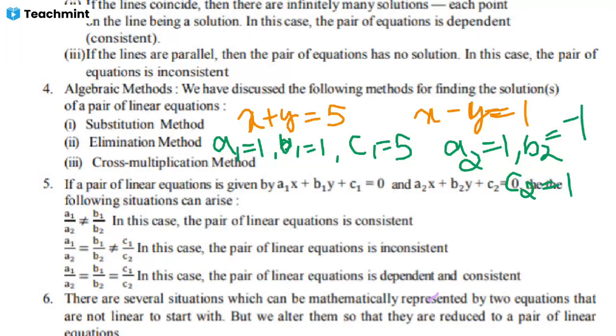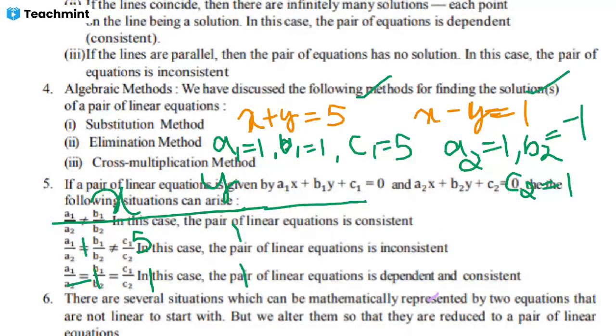Now in the cross multiplication method, what we have seen: below x, you are going to write B1, B2. So B1 is 1, B2 is minus 1, C1, C2, so C1 is 5, C2 is 1, and below y, you will write A1, A2, so A1 is 1, A2 is also 1. And the third one, if you observe RHS, the constant term C1 is on RHS.